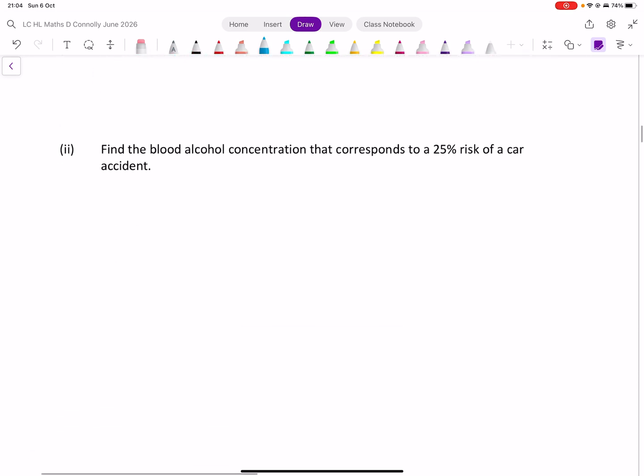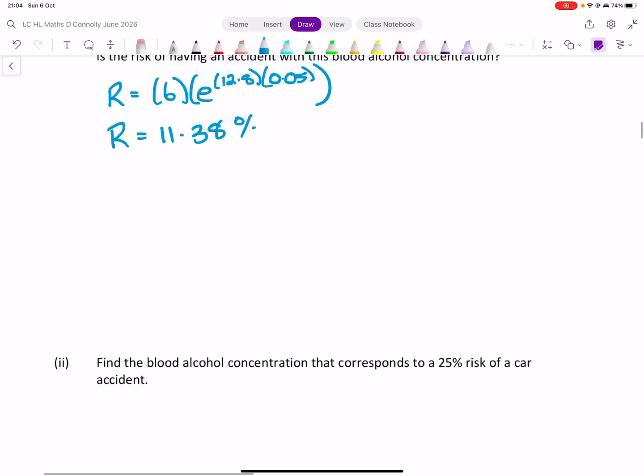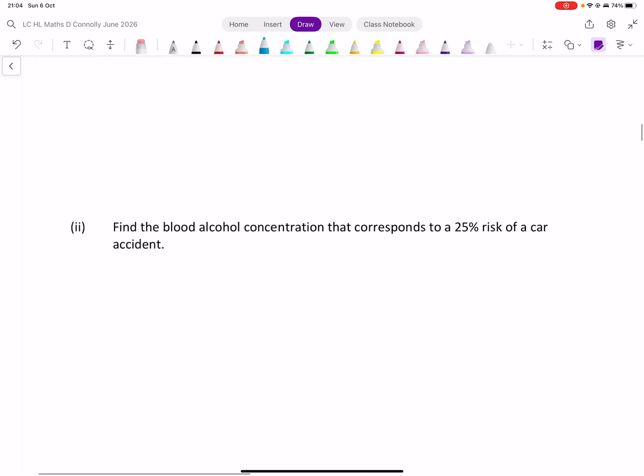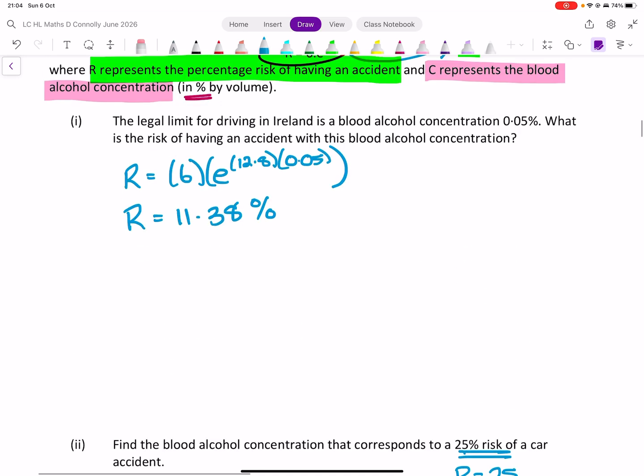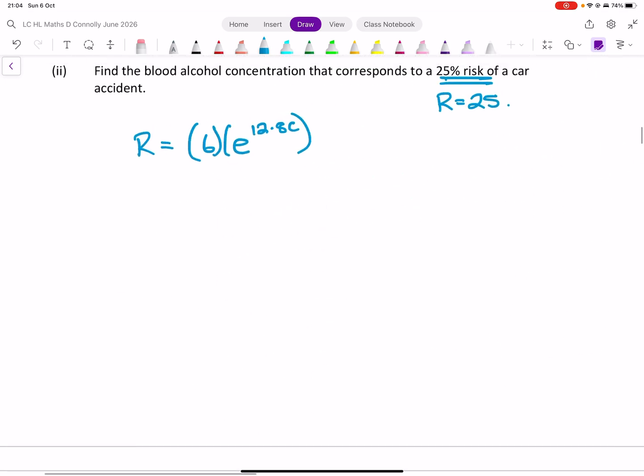Find the blood alcohol concentration that corresponds to a 25% risk. So 25% risk means R is 25. So just write this down. R is 6 times e to the, was it 12.8? Yeah, 12.8c.